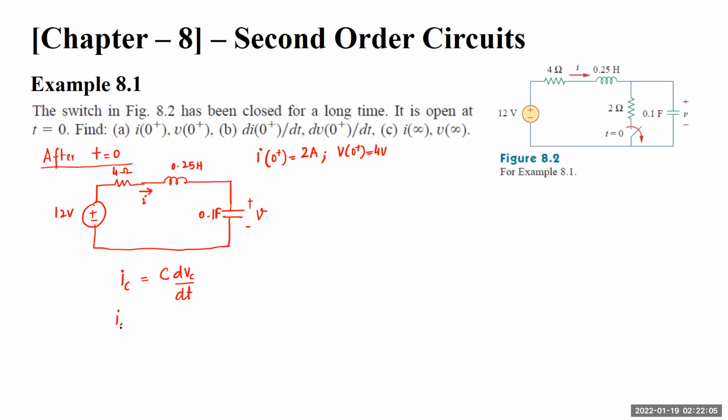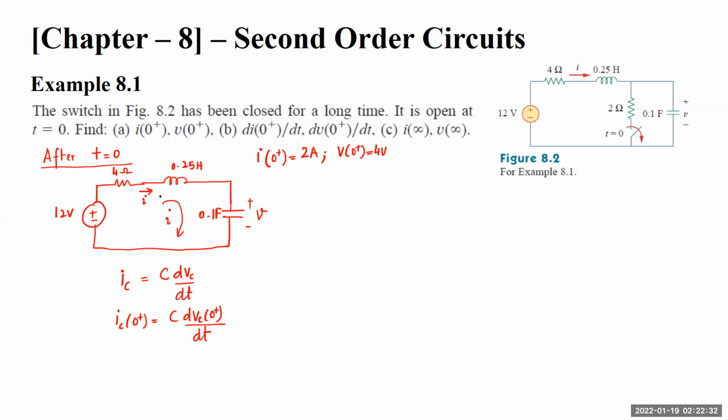And we can also write that IC(0+) equals C times dVC(0+)/dt, right? And we know that the capacitor will not allow instantaneous change in voltage, but it will allow instantaneous change in current.